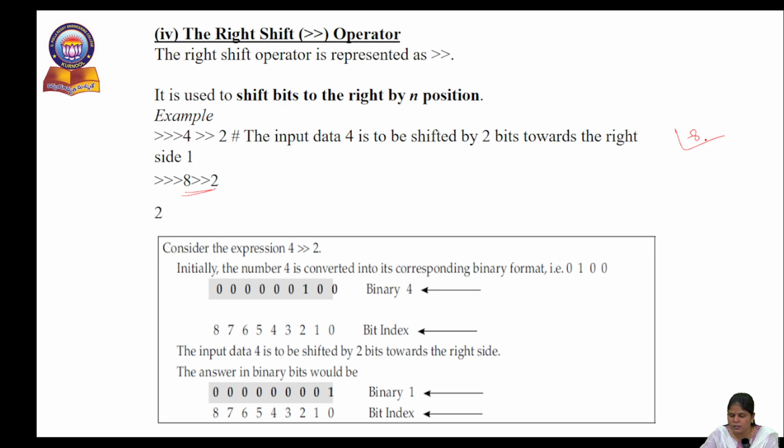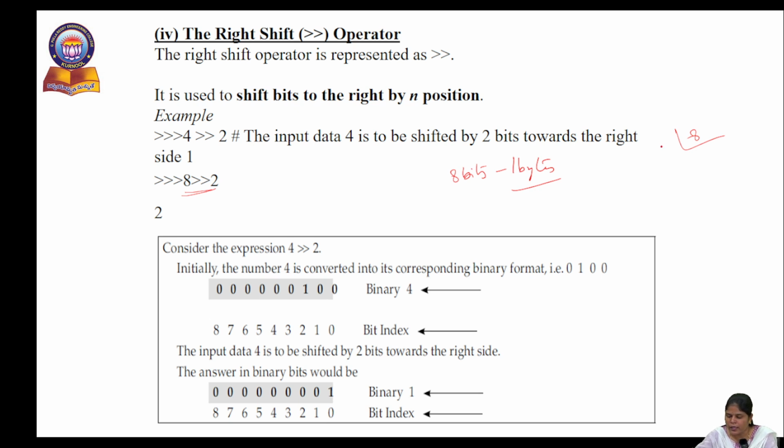Whenever you are considering the shifting, or the binary operation, instead of taking 4 bits, you have to consider 8 bits, because 8 bits equal to what? 1 byte. In the computer language, everything will be in terms of the bits and the bytes. So as the length of 8 bits is 1 byte, whenever you are considering the binary format, you have to represent it as 8-bit length.